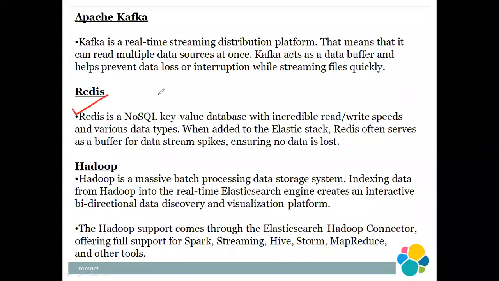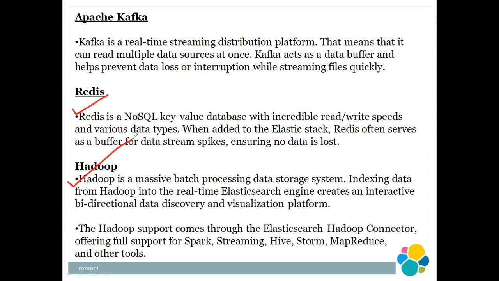Redis. Redis is a NoSQL key-value database with incredible read and write speeds and various data types. When added to the Elastic Stack, Redis often serves as a buffer for data stream spikes, ensuring no data is lost. Hadoop is a massive batch processing data storage system.